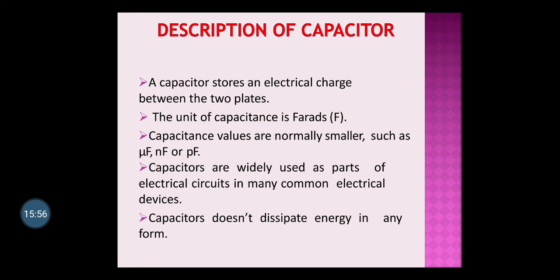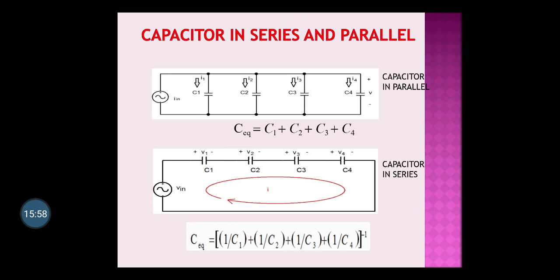Now we will study the capacitors. What is the total value of the capacitors if they are connected in series and if they are connected in parallel? Here you can see the first one, capacitors connected in parallel. Input is given and then C1, C2, C3, C4 are connected in parallel. The total equivalent capacitance of the whole circuit is equal to C1 plus C2 plus C3 plus C4.